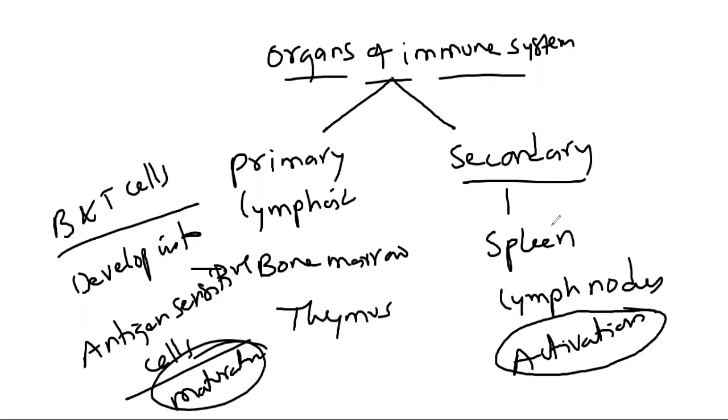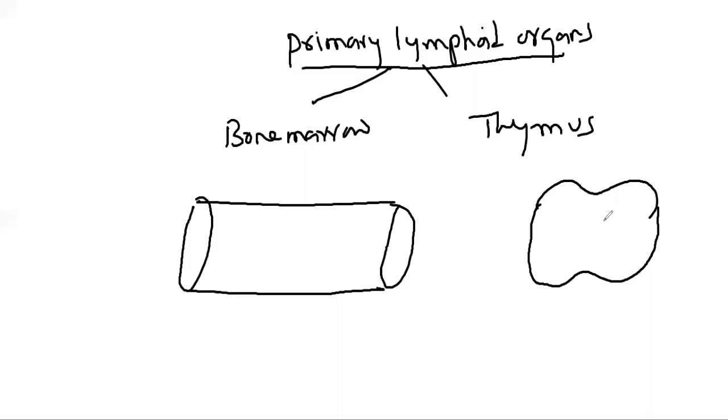Secondary lymphoid organs are those where antigens are trapped, so that whenever the B and T cells reach the secondary lymphoid organs, there they can recognize the antigen and become active. So let us discuss these primary lymphoid organs in detail. Primary lymphoid organs are bone marrow and thymus.